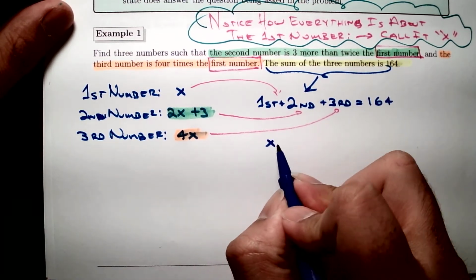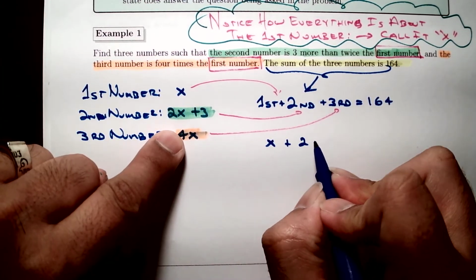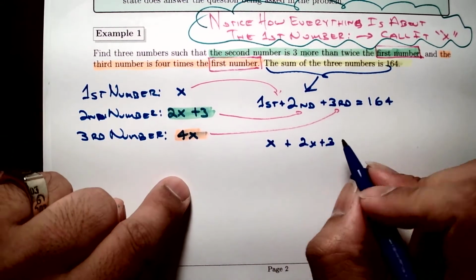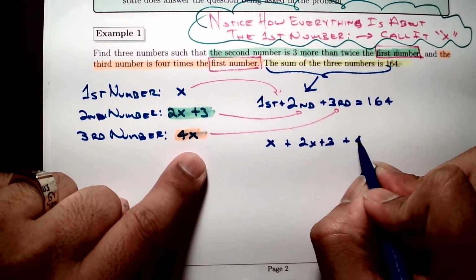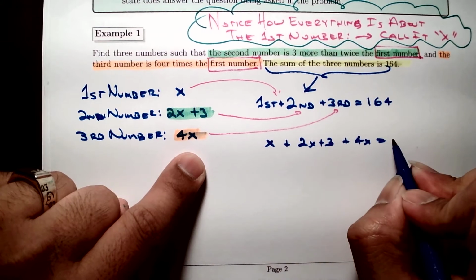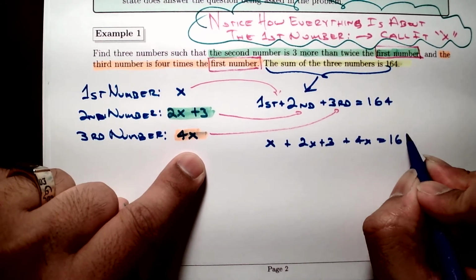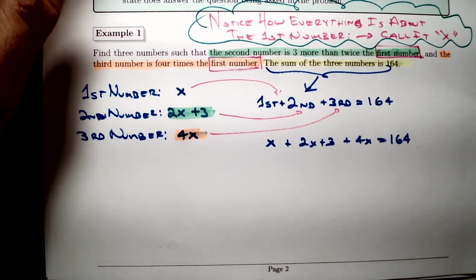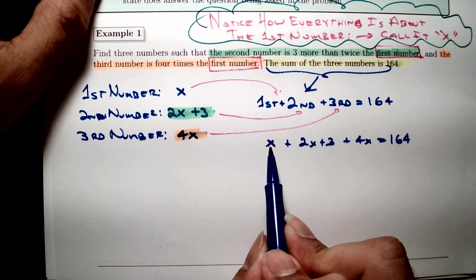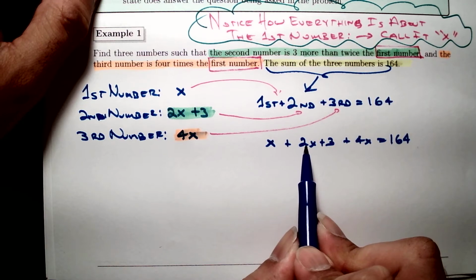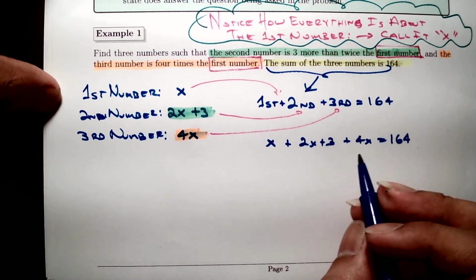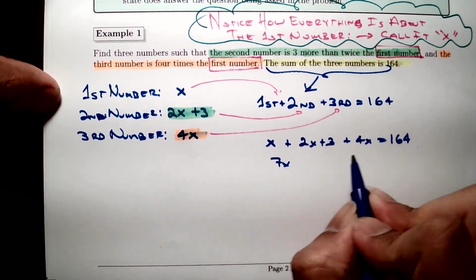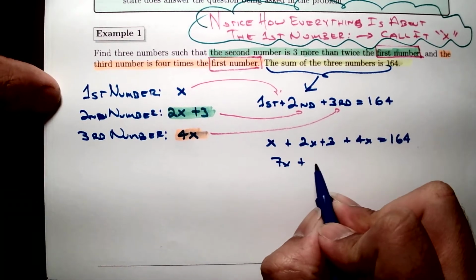So x plus the second, which is 2x plus 3, plus the third, which is 4x, equals 164. It's all about combining like terms as we did in the previous section. Combine the x's: x plus 2x is 3x, plus 4x is 7x, and then plus the 3 that we have here.